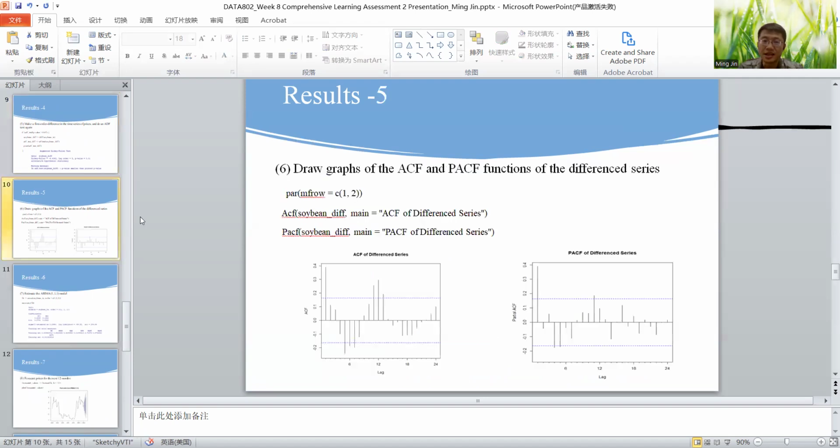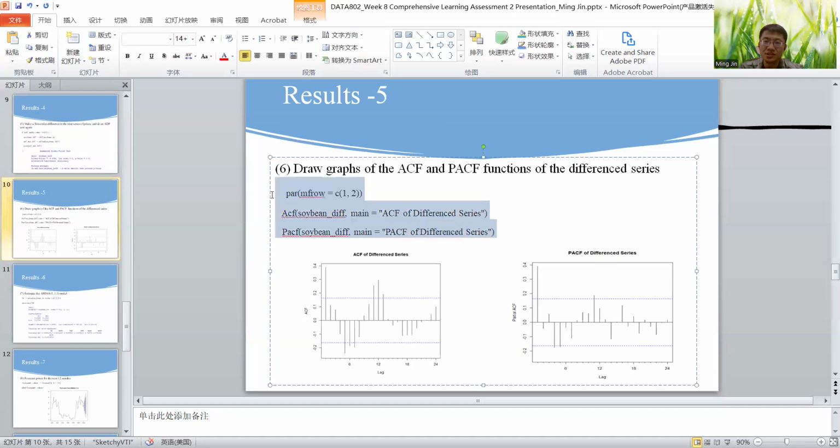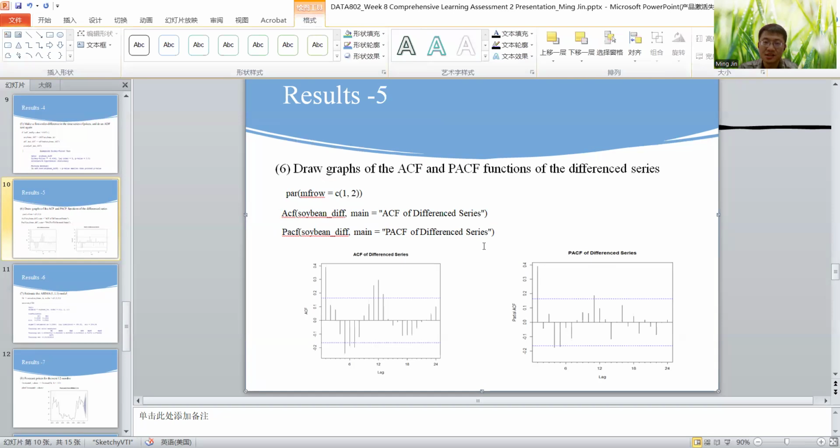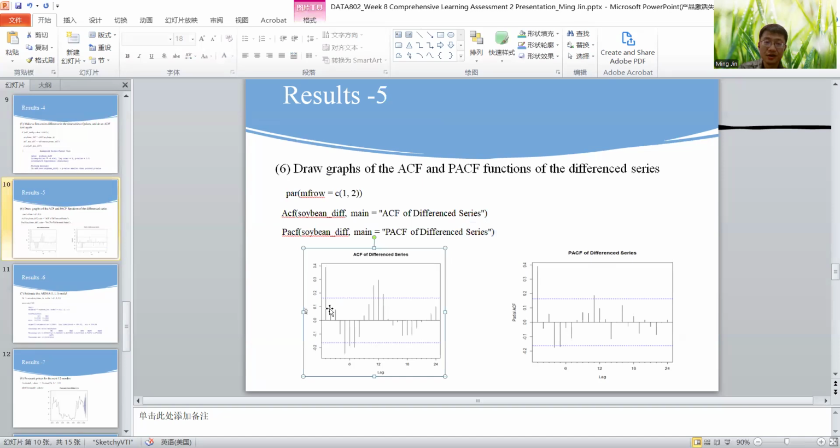Okay, next, we can calculate the ACF and PACF functions of the difference series, which is stationary, and then draw the graphs of the ACF and PACF functions. We use these commands to calculate and plot the functions so that we can see in the ACF graph, we have just one bar sticking out from the threshold.